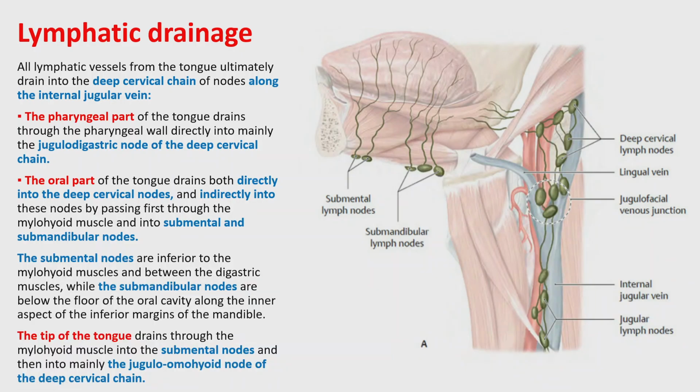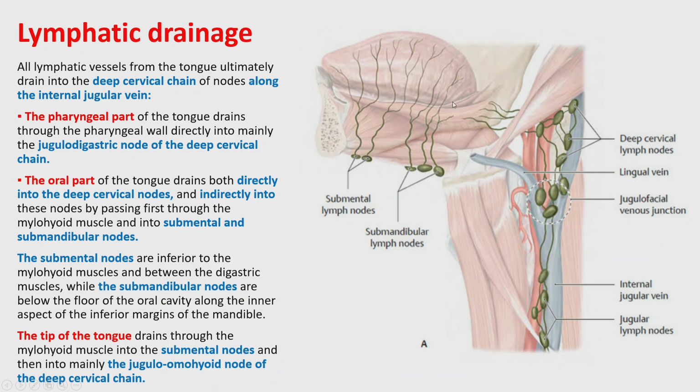So, what I said, those are the areas, and you have this picture from my tongue lecture: the tip of the tongue, the apex, is going to the submental usually. The margin of the tongue, which is the most common site of the cancer, especially for people who are alcoholic or use tobacco or smoke, is going to the submandibular.